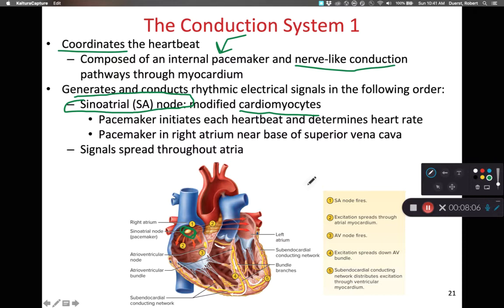Once the SA node fires, the action potential will travel all the way across the atria, through the right atria and all the way over to the left atria. That's the signal spreading throughout the atria, so both of the atria contract at the same time.